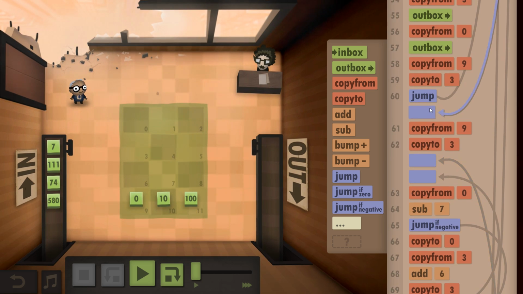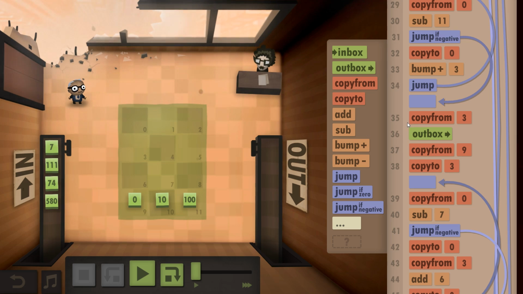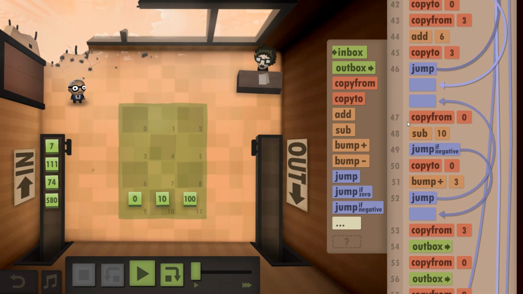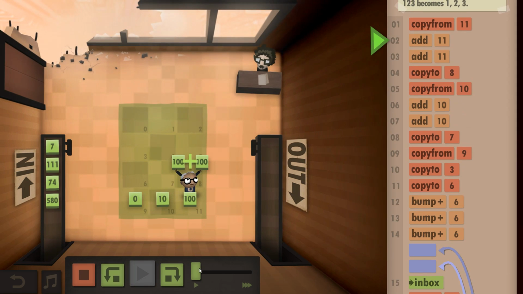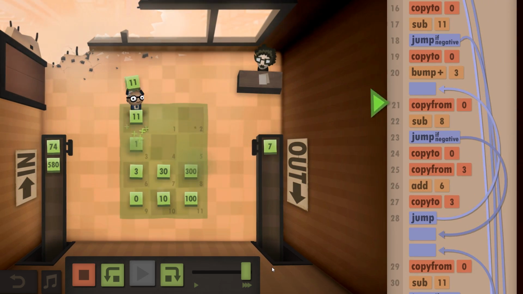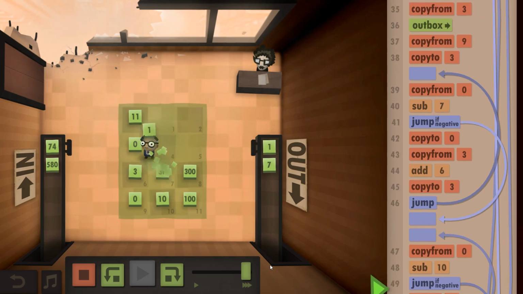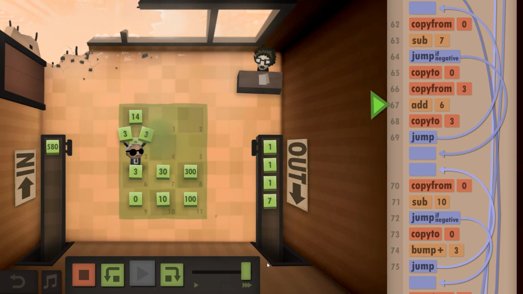For some reason I don't think I do. And I can't get rid of that, because it can never be 0, I think. No, it can't be, because I do the minus 100 first. And if it is, I jump out. Maybe, I don't know. My brain can't handle this anymore.